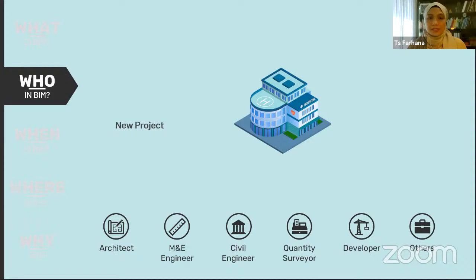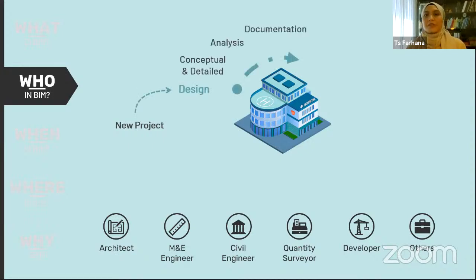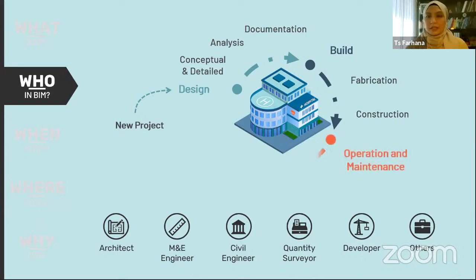So BIM works like this. When there's a new project, you have to design. So you come up with conceptual and detailed drawings, analysis, documentation, right? And then you build the building. After that is the operation and maintenance. So in all this, imagine this is the BIM model. In all this, the BIM model still contributes even after the completion of building, during the operation and maintenance.